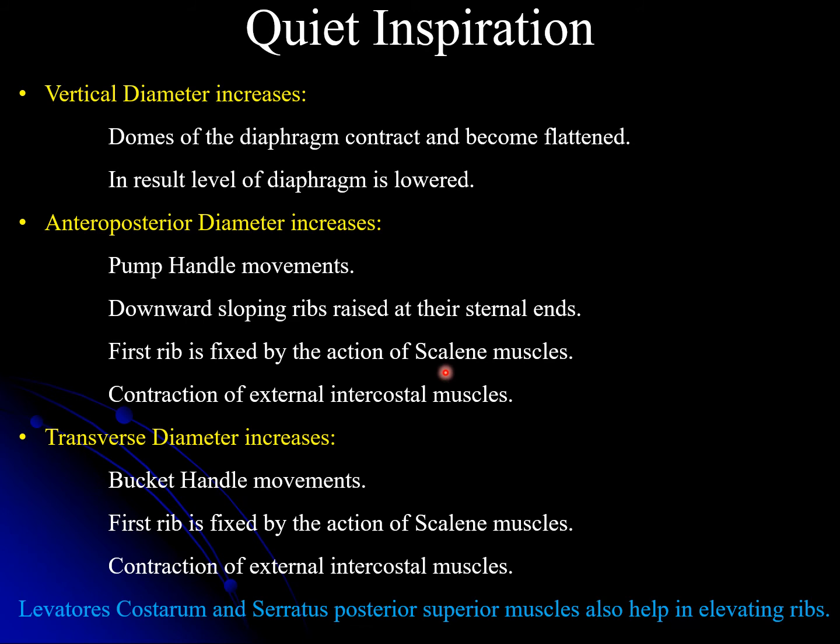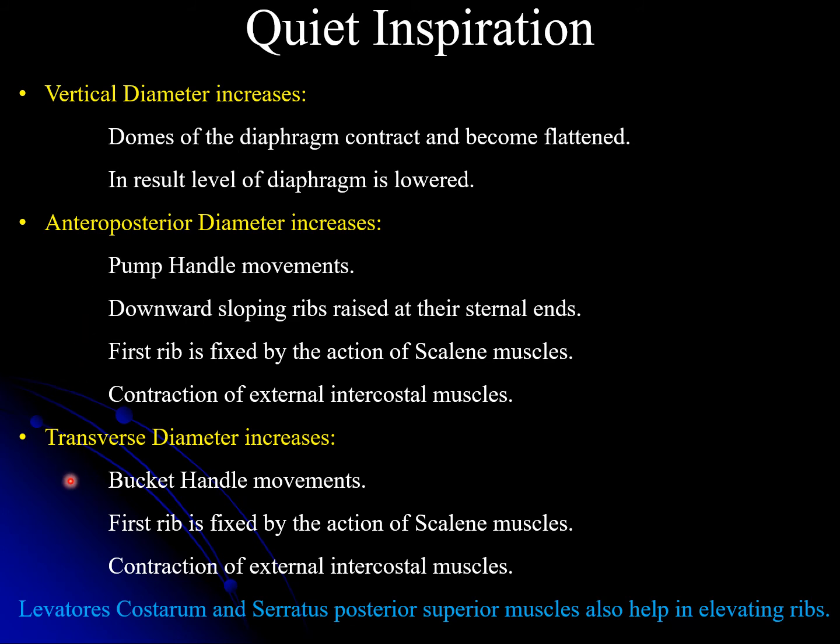By the presence of those muscles, the first rib is fixed in position, and the lower ribs are moving and causing pump handle movements. Along with that, contraction of external intercostal muscles is responsible for quiet inspiration, increasing the anterior-posterior diameter.